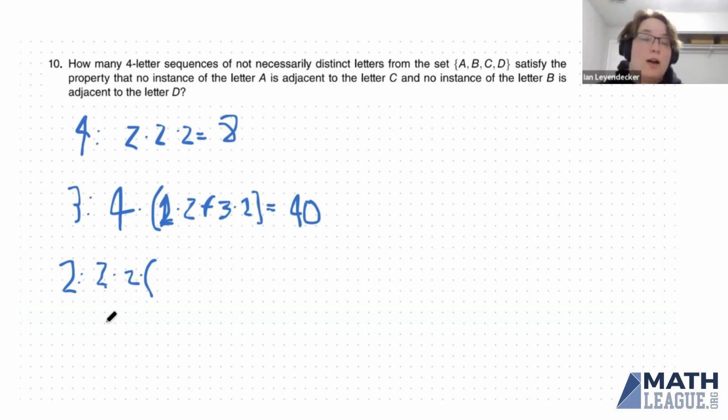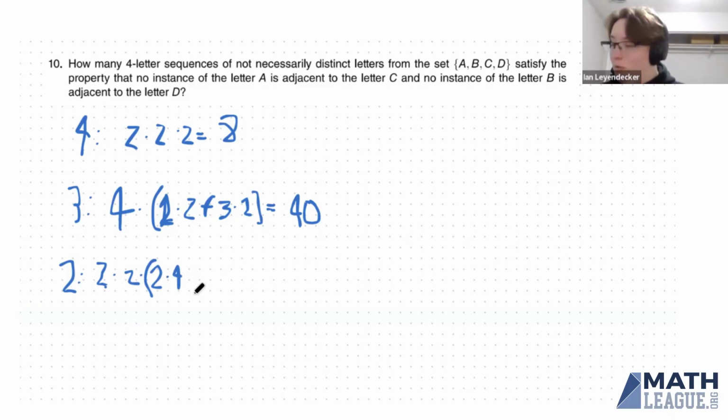And then additionally, we can do a little bit more casework based on whether we have 3 instances of one letter and one of the other, or 2 instances of both letters. If one letter appears 3 times and one letter appears once, then there are going to be 2 ways to choose which letter appears 3 times, and then there will be 4 ways to order the letters.